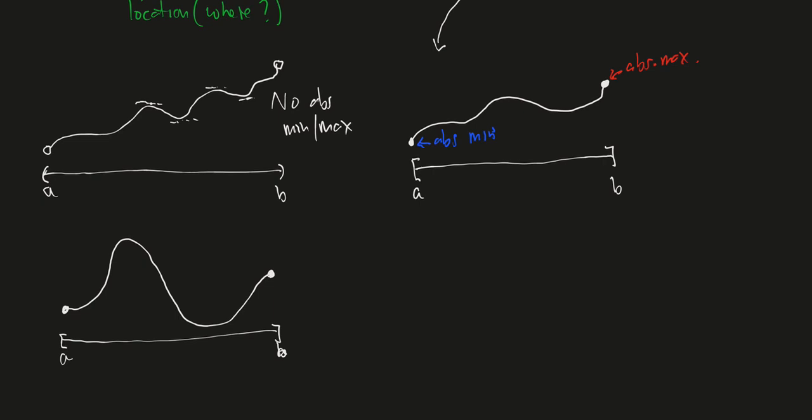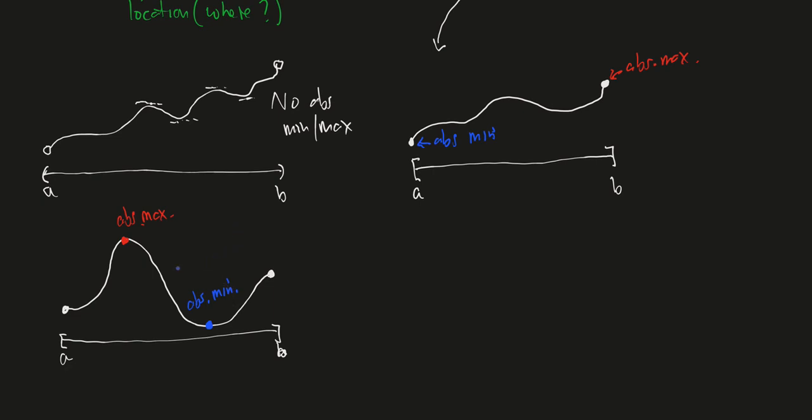Whatever that ordered pair is, that would be my absolute maximum. And whatever this low point is, it has to have an x and a y, right? Because it's on my function that's nice and continuous. That point would correspond to an absolute minimum, right?